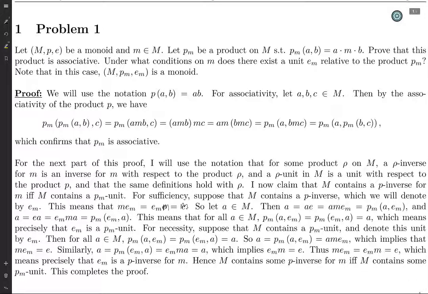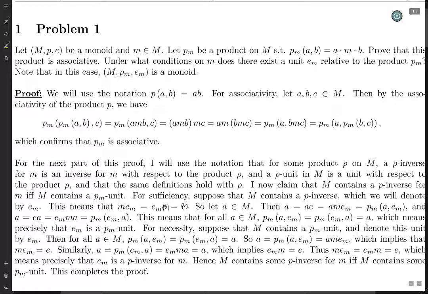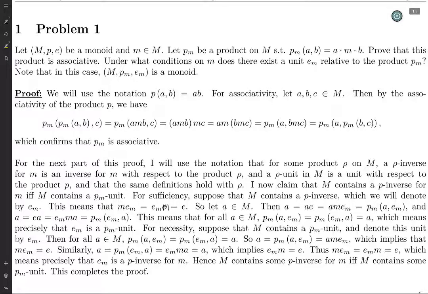No. I got this wrong. This is a P inverse for M. A P inverse for M means that M times EM is going to be the identity E here. Okay, so I over corrected myself, which made it wrong, and now I got it right.